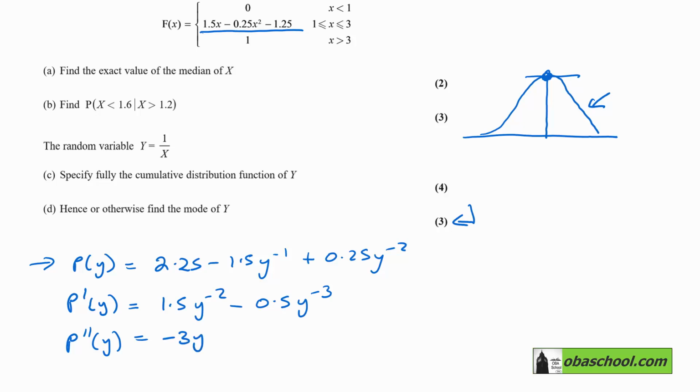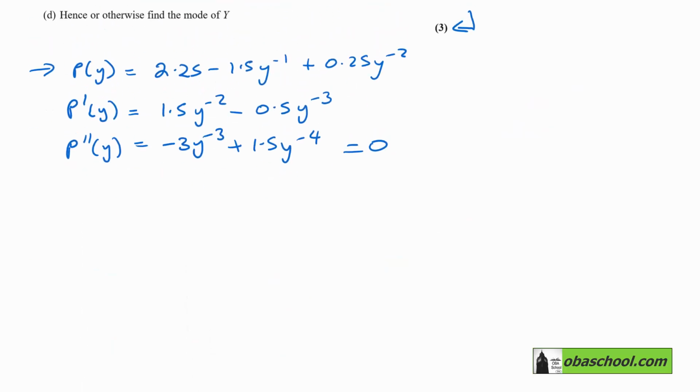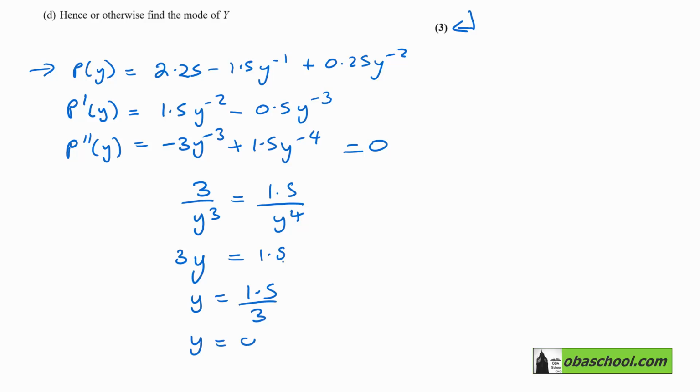So that's negative 3y to the negative 3 plus 1.5 y to the negative 4, and we need that to be equal to 0. So what we have there is 3 over y cubed being equal to 1.5 over y to the 4. That gives us 3y is equal to 1.5. y is equal to 1.5 divided by 3. So y is 0.5.